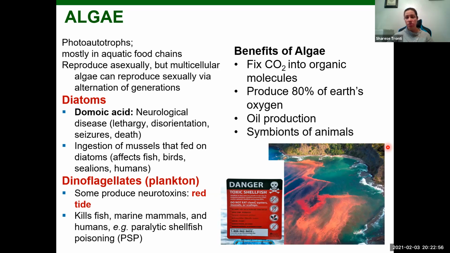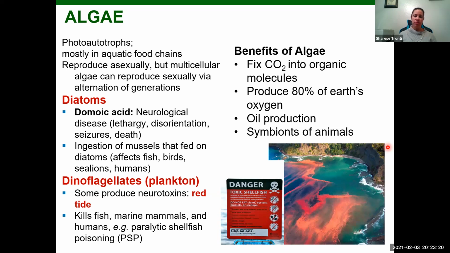And then if we eat those toxic mussels, then we will be infected. Also, if something has eaten those toxic mussels, say fish eat those mussels and then, well, we eat them, okay? So that's how that is toxic.